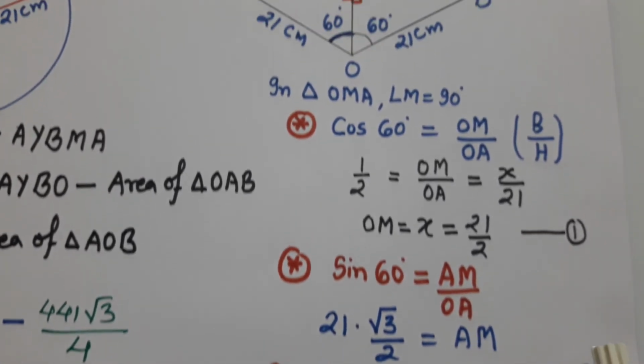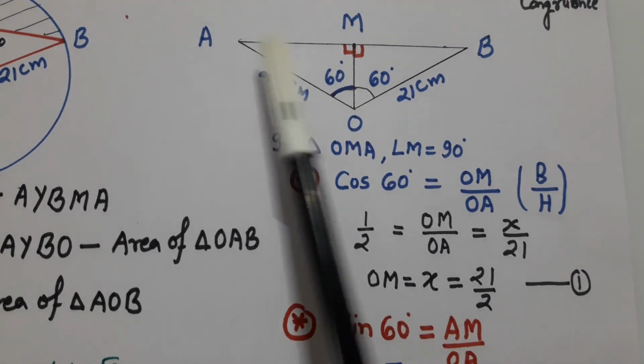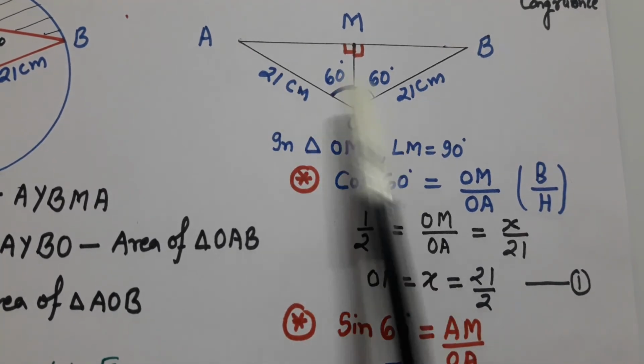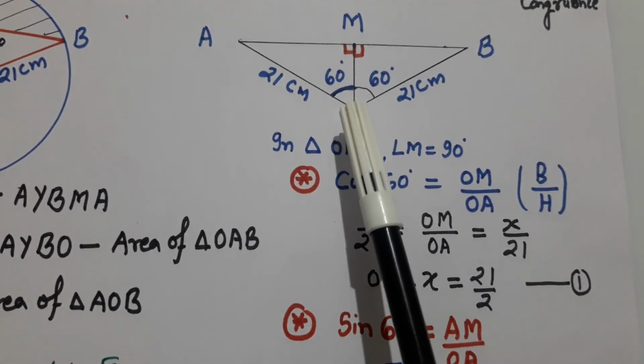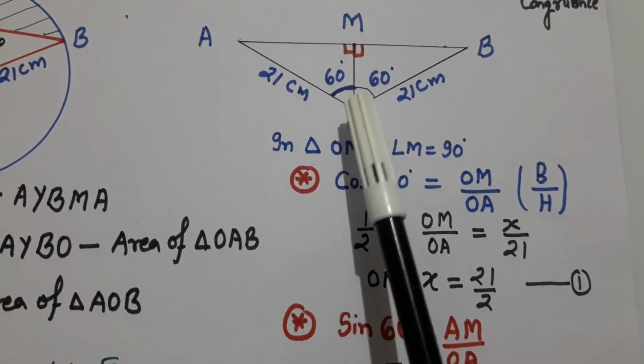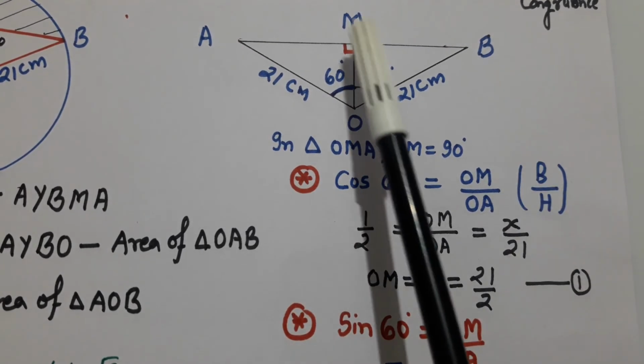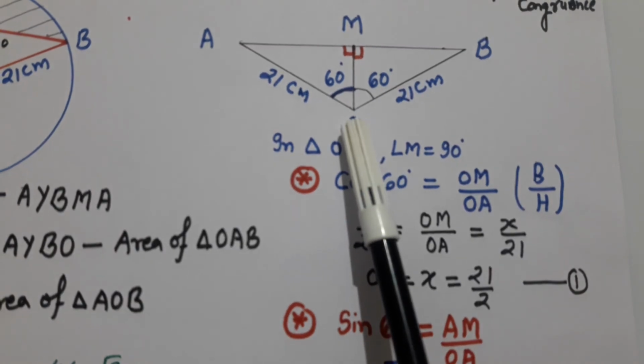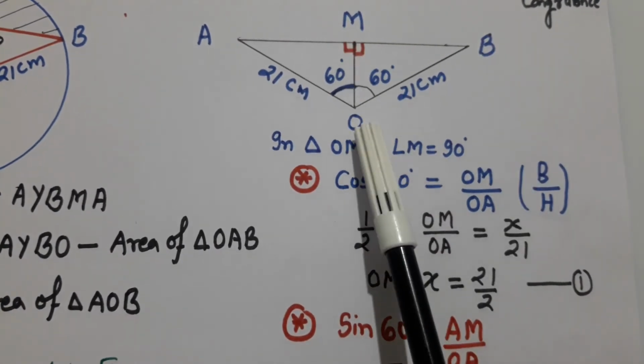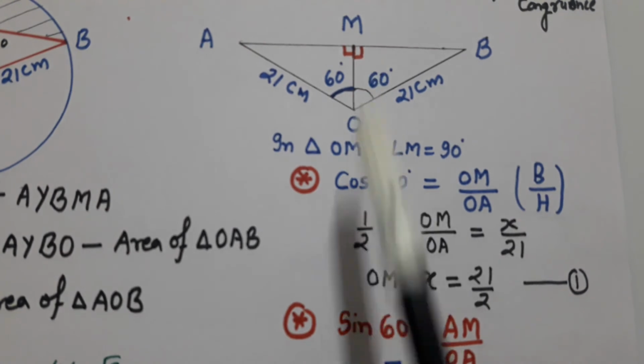Now we have to find the area of this triangle OAB. Area of this triangle equals 1 by 2 base into perpendicular, which is 1 by 2 AB into OM.